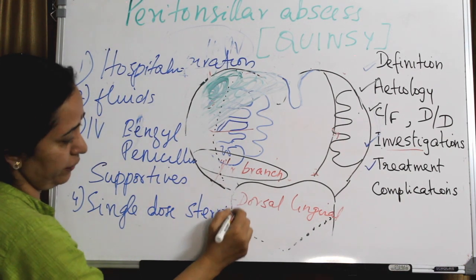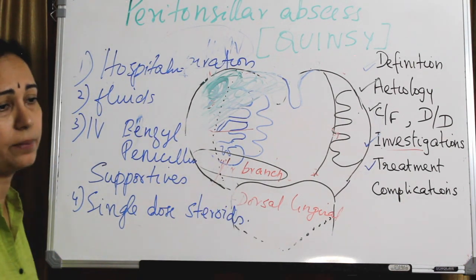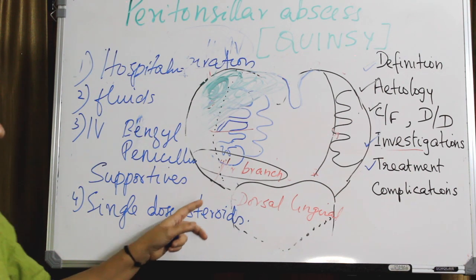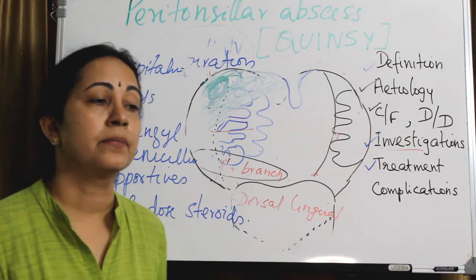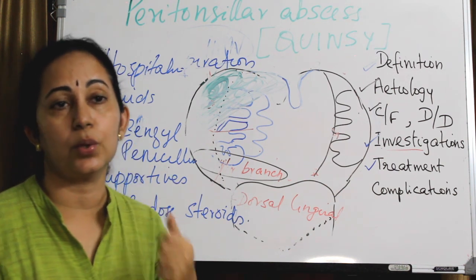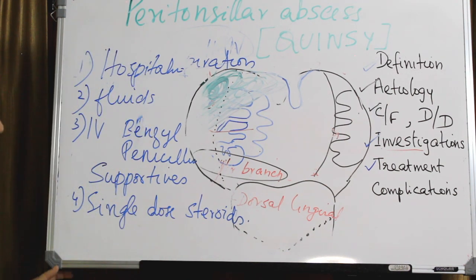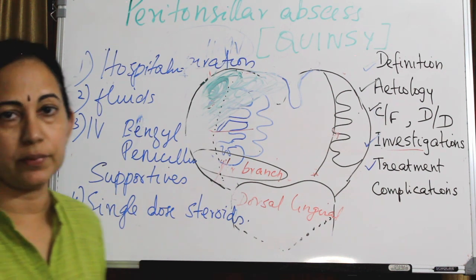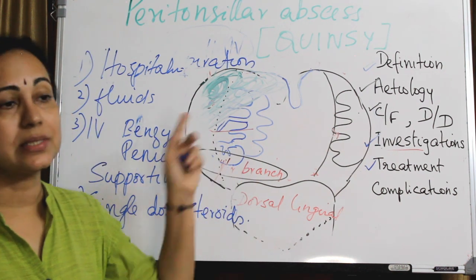Single dose is enough. Don't give steroids for a long time. A single dose of steroid is enough because it will give an excellent improvement in mouth opening and also swallowing. Okay, and if the patient is not responding to this, you can go for surgical measures.